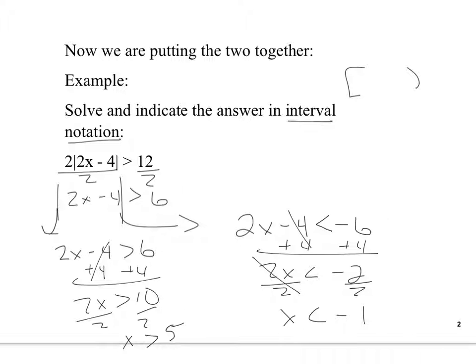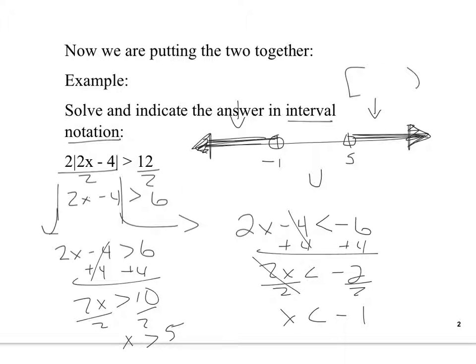So let's draw this: x is greater than 5, so that goes this way, and x is less than negative 1. To write interval notation, we just do 2 of them, and we put a little union symbol in between. So negative infinity to negative 1, union 5 to infinity. There we go.